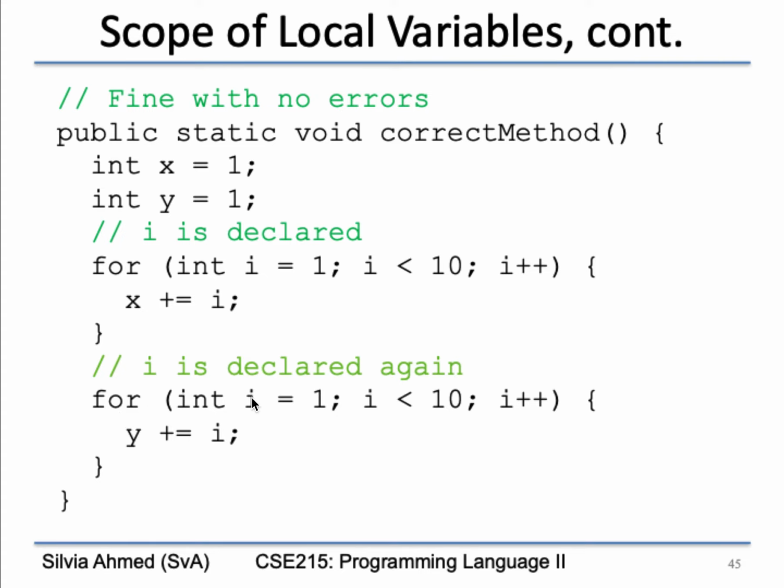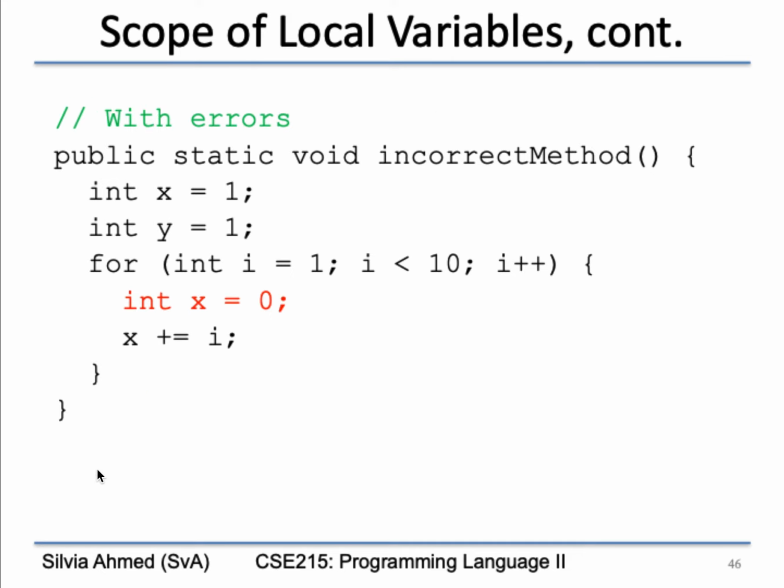That means we can again declare another variable named i, and the scope is until the for loop ends. But here int x equal 1, the scope of x starts from here until the incorrect method ends. So if we want to declare another variable with the same name x, this line will show us an error. It's a compile error.